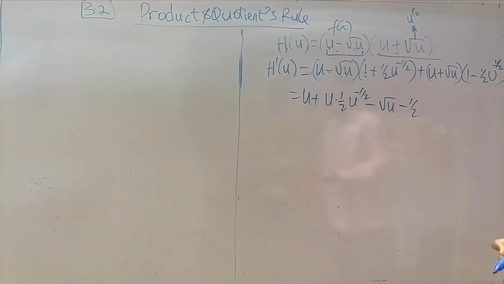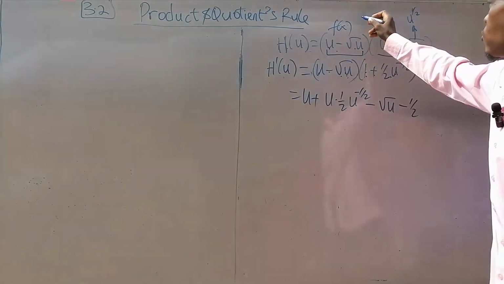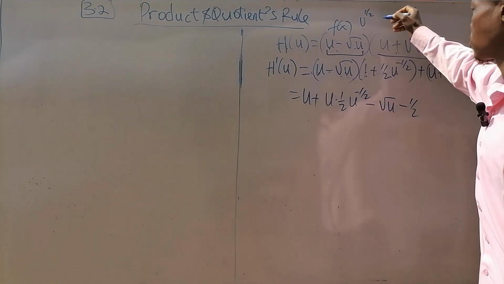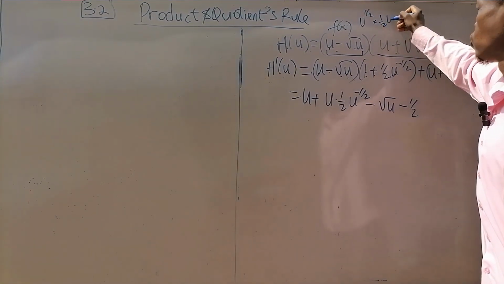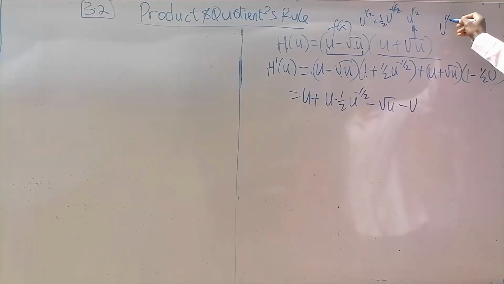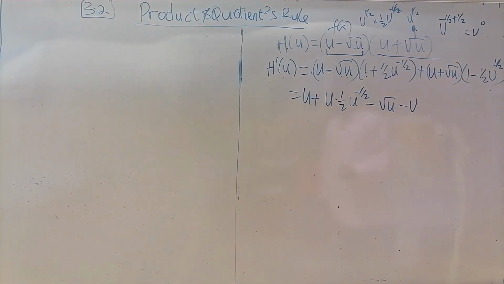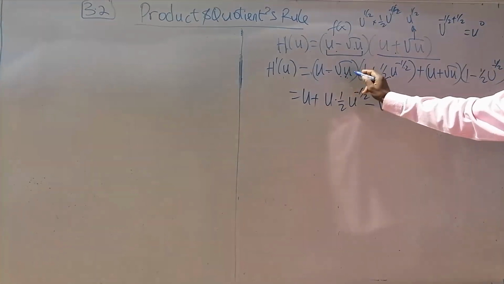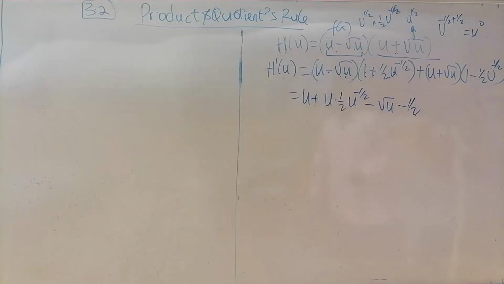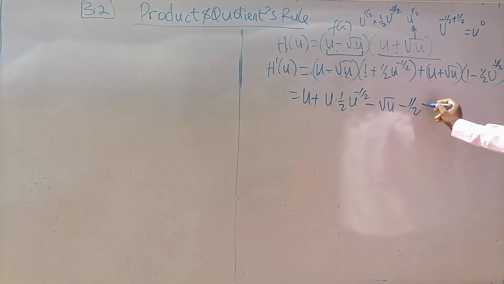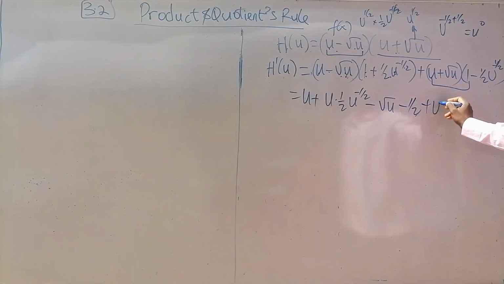Then this one and this one, that'll be half. This one is u to the half times half u to the minus half, plus minus this plus half. So that's u to the power 0. That will be half in this place. This one times this one gives us half. Then plus this one times this one, that's u.